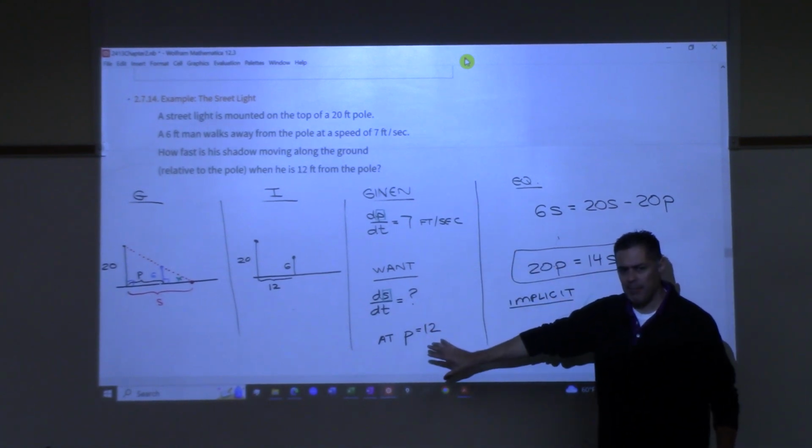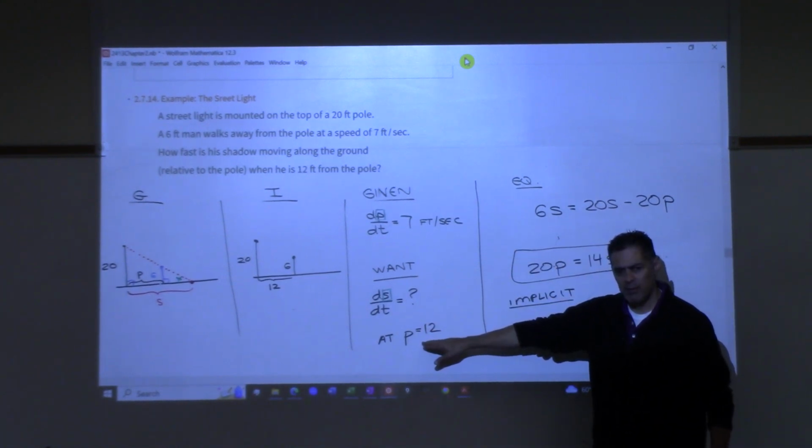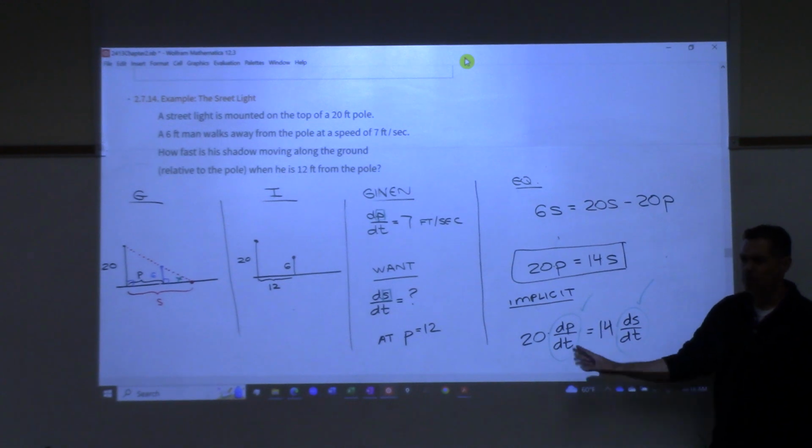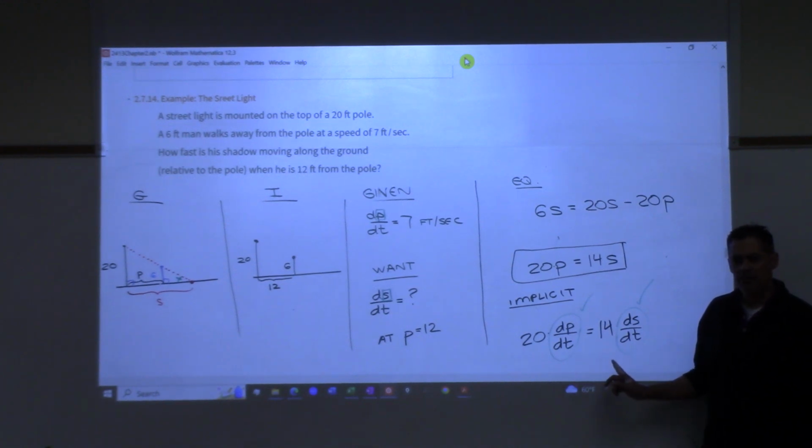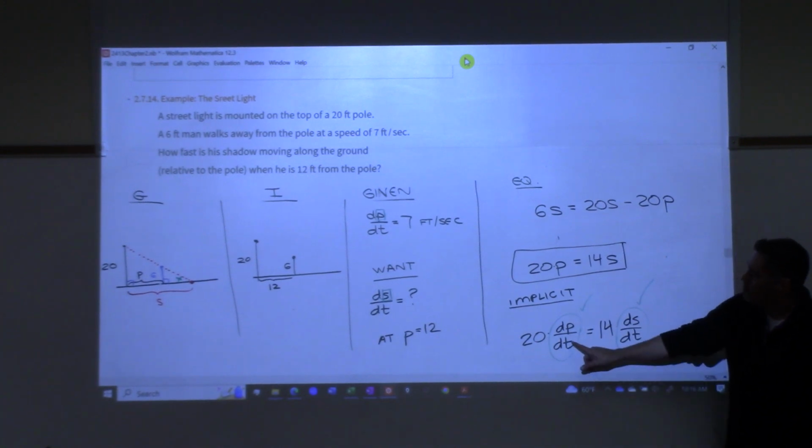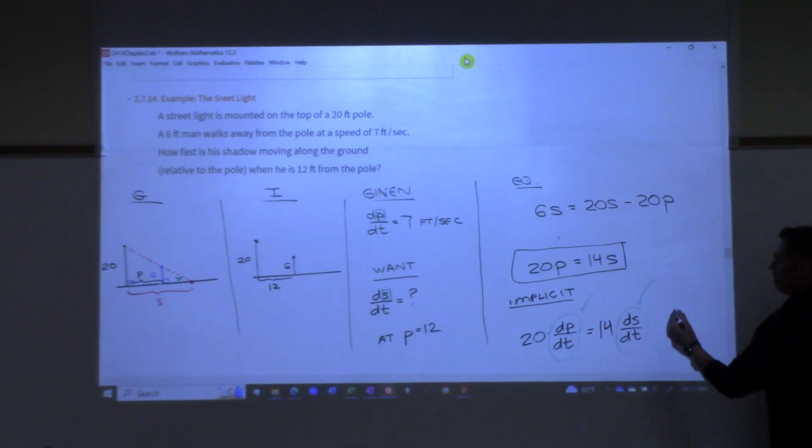The moment in time. P is 12. There's no P in here, right? Which means what? What do you think that means? We're going to replace this with what? 7, right? Let's just replace it with 7.